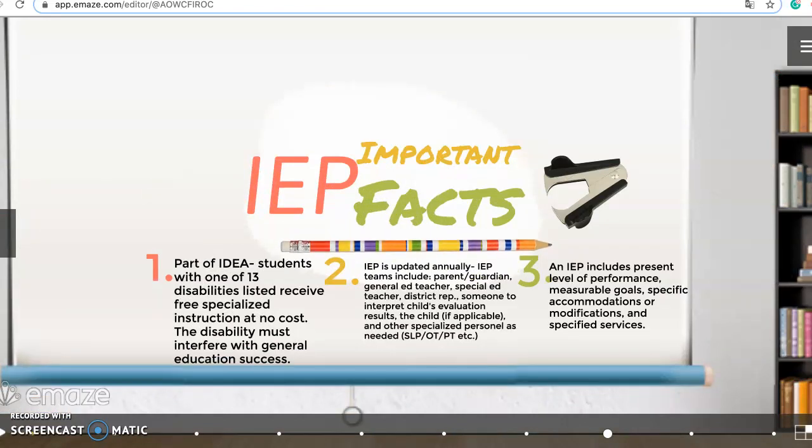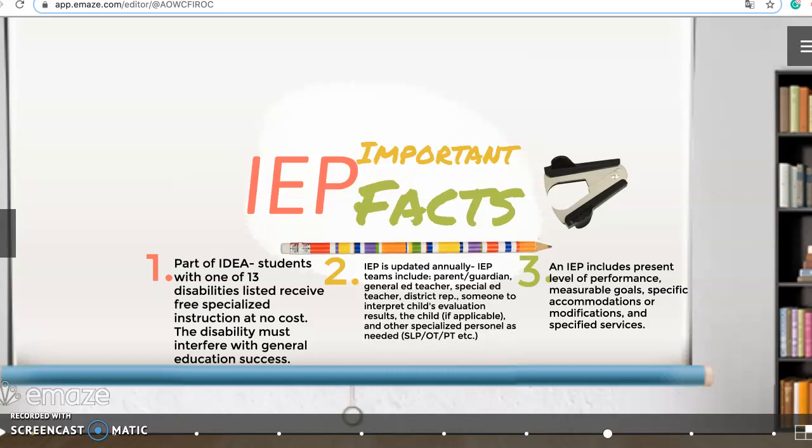So IEPs are part of the IDEA, often referred to as IDEA, where students with one of 13 disabilities listed receive free special education instruction at no cost. The disability must interfere with their general education success.